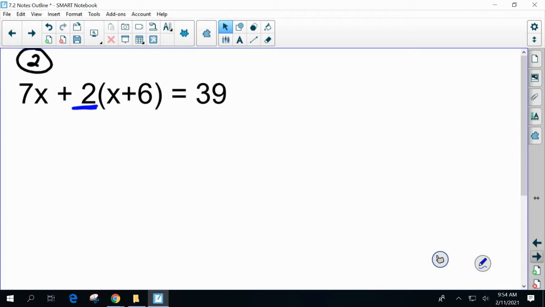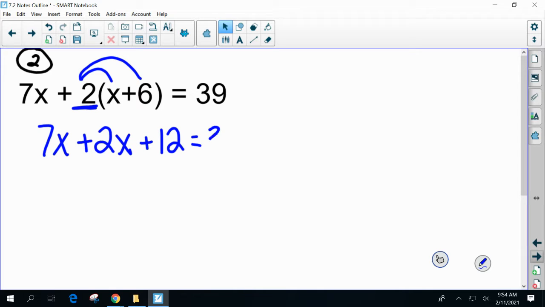So the 7x, we're not really going to do anything with it first. So I'm just going to carry that down. And then distribute means multiply. So I'm going to multiply the 2 times the parentheses. So 2 times x will be plus 2x, and 2 times 6 would be plus 12 equals 39.